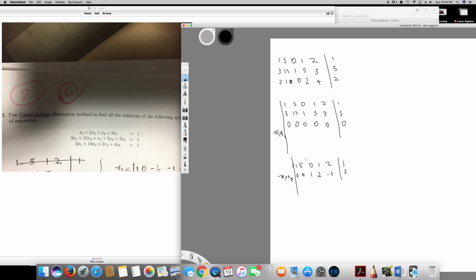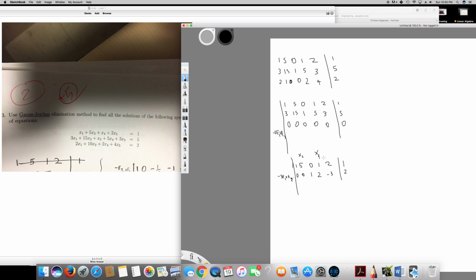Now we have to find the free variables. Free variables are all the variables except the pivots. So x1 is a pivot because it has the leading value, and here this one is a pivot. But x2 is not leading, it's not a pivot, so this is a free variable. This is also a free variable, not a pivot, right?